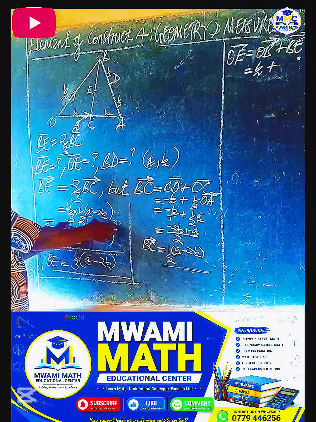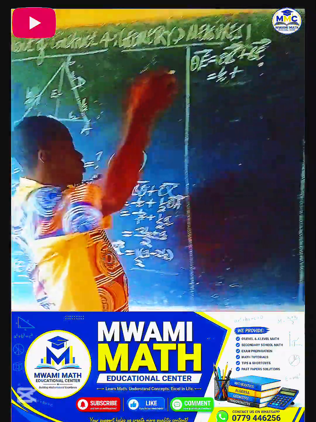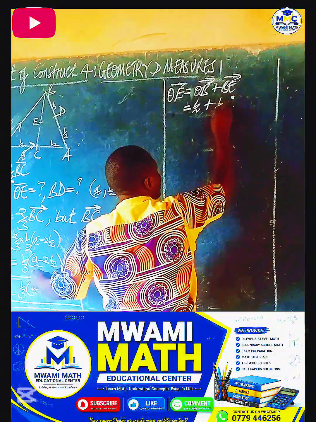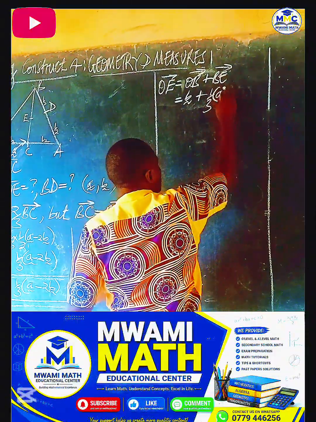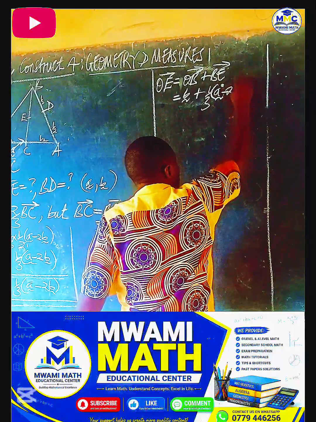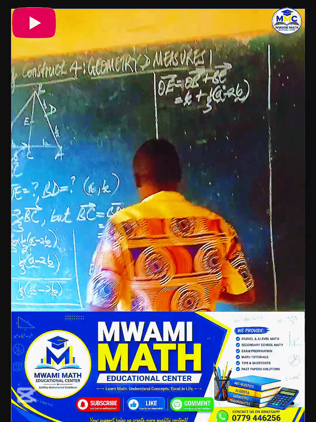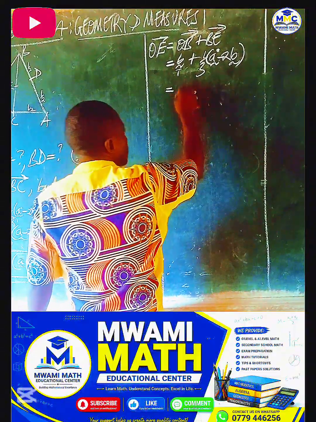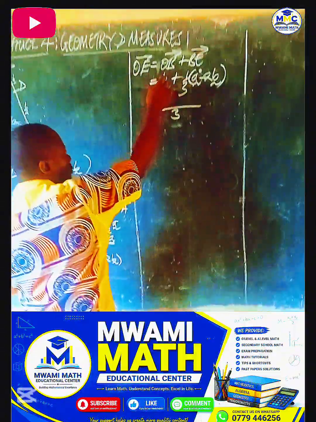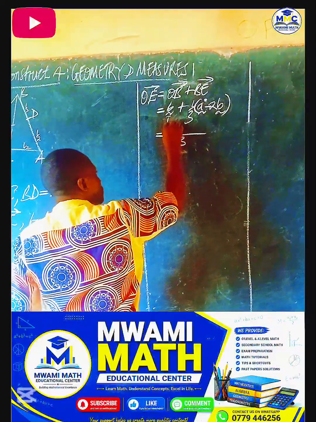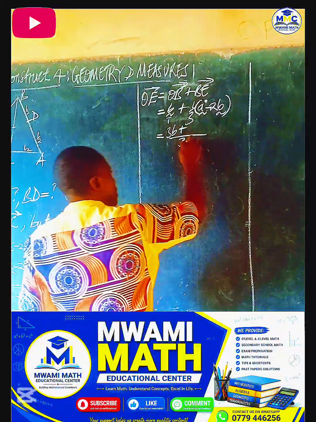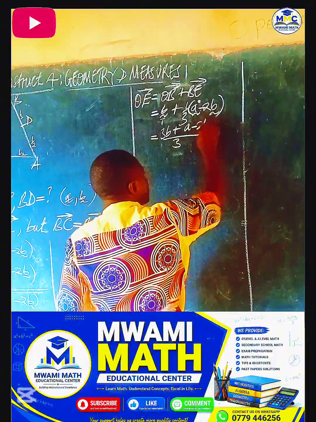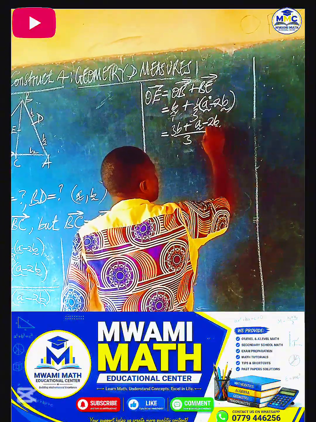We are lucky. So you just carry it and substitute or place it there, which is a third into A minus 2B. So getting the LCM, put 3 at the denominator. 3 divided by 1, 3 times B, 3B plus 3 divided by 3, 1 times that. That is A minus 2B.